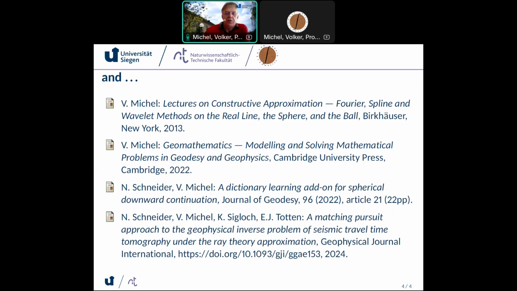There are two textbooks on approximation methods on the sphere, which are the first two in this list. And the most recent advances on the algorithm I mentioned, the RFMP or the LRFMP, you can find in these two articles at the bottom, which are number 3 and number 4 in this list.